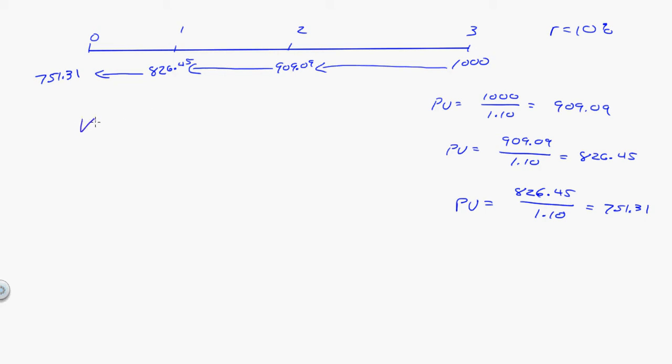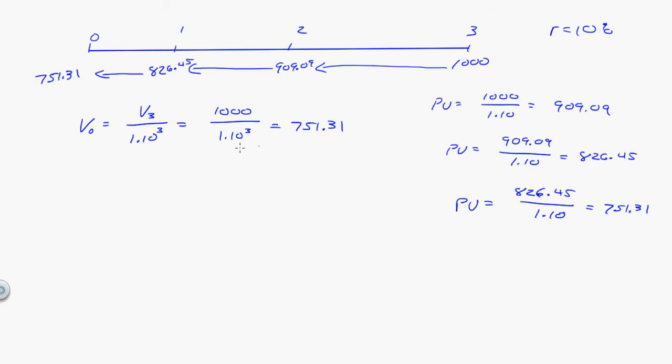The value today is equal to the value in year 3 divided by 1.10 to the third. Because to get present value, to go backwards, I divide. The interest rate's my step size. I go back 1, 2, 3 steps, so divide by 1.10 cubed. My future value, the value in year 3, was 1,000.